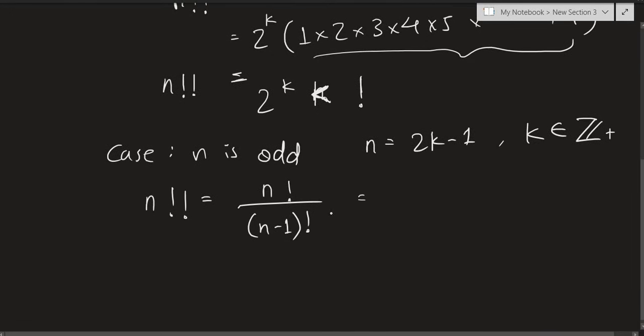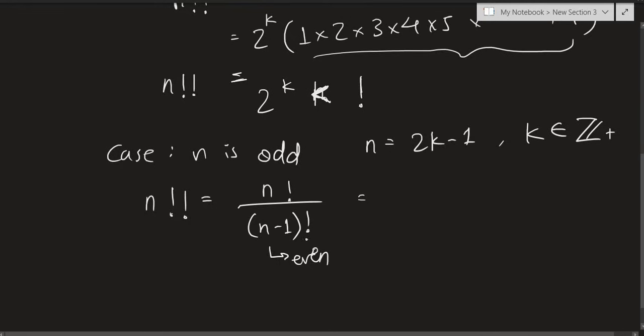But now let me remind you that if n is odd, n minus 1 has to be even, right? Because take any odd number, the number before it has to be an even number. So you can take 3, the number before it is 2, which is even. This is true for any odd number. So n minus 1 is always going to be even if n is odd.